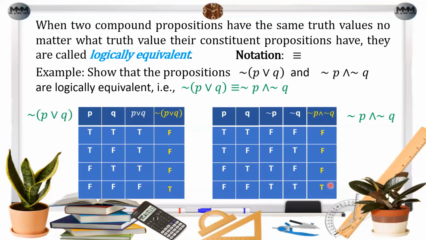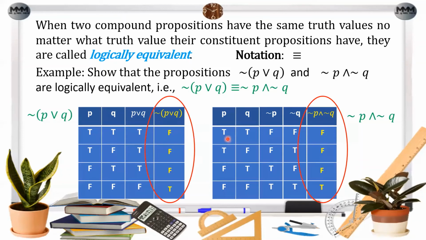And then we are going to compare the last columns of the two truth tables here. So we have this one and this one. Now, when two compound propositions have the same truth values, no matter what truth value their constituent propositions have, then they are logically equivalent.